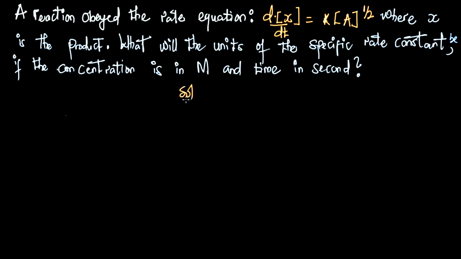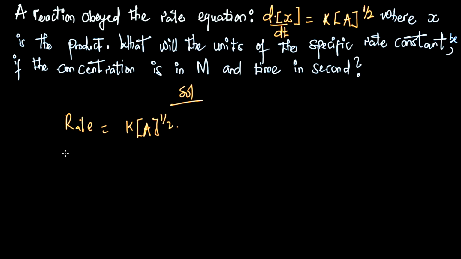To solve this question is very simple. Since this is changing concentration over changing time, recall that we said concentration is in molar, and do always remember that the rate of a reaction is always molar per second, that is concentration over time. So we have that the rate equals k A to the power 1 over 2.